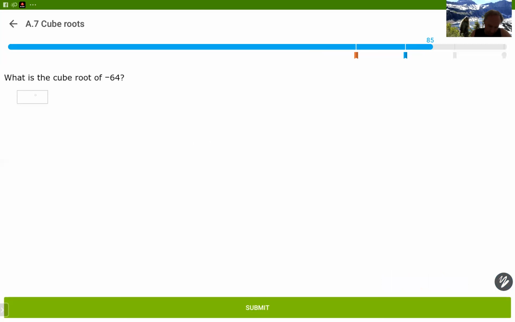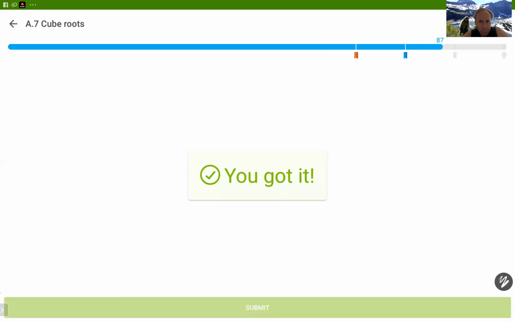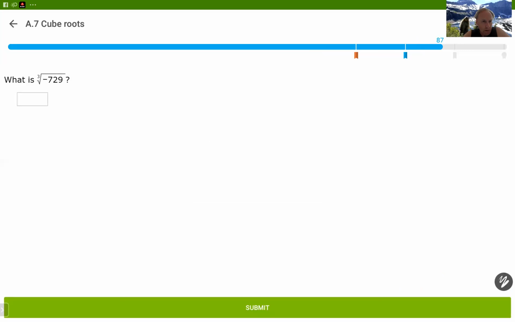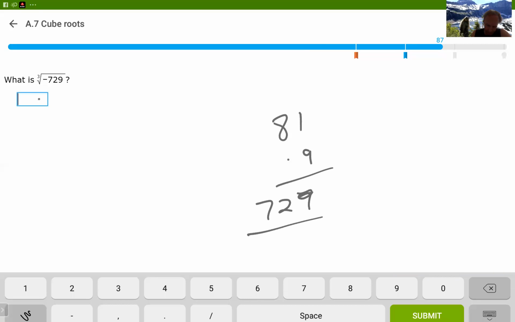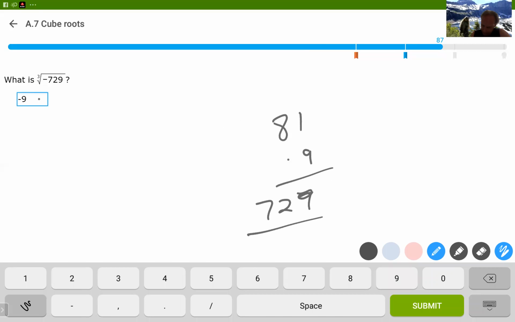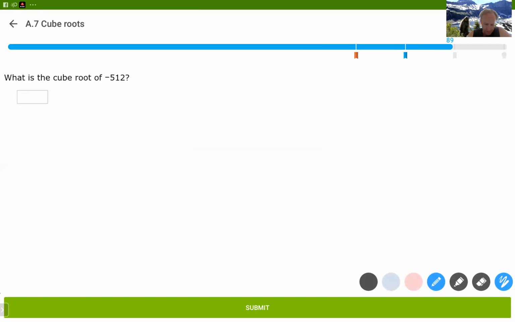That is -4. 729, that is -9, because 81, which is 9 times 9, times 9 is 729. Can't multiply today. There it is. So it's -9, isn't it? That's -8.